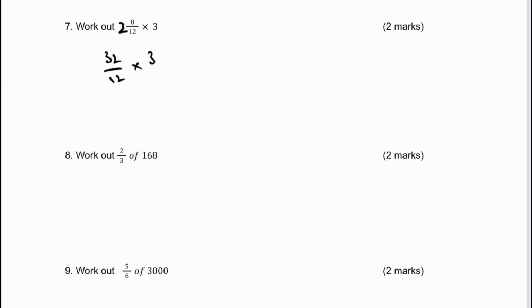Okay, just for the sake of my working, what I'm going to do is, rather than write it as 3, I'm going to write it as 3 over 1. It's exactly the same value, it just makes my life a little bit easier because now I can reduce again. So what I end up with is 32 times 1, which is equal to 32, divided by 4 times 1, which is equal to 4, and 32 divided by 4 is actually 8 wholes, and that's the answer to question number 7.